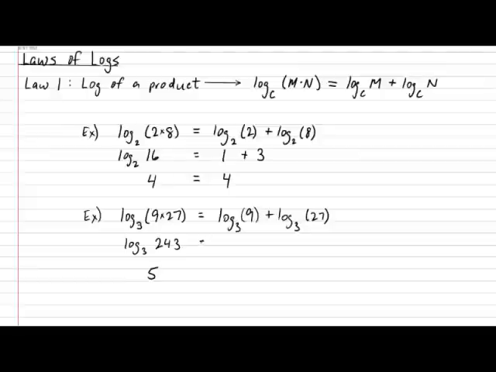So, log base 3 of 9 is equal to 2, because 3 to the power of 2 gives back the 9, plus log base 3 of 27 is equal to 3, because 3 to the power of 3 gives back the 27, and as you can see, the right side of the equal sign is equal to 5, which is identical to the left side.